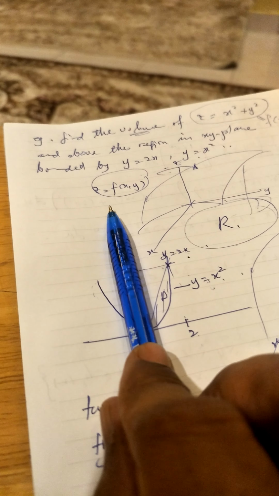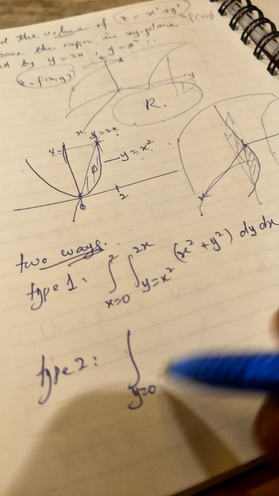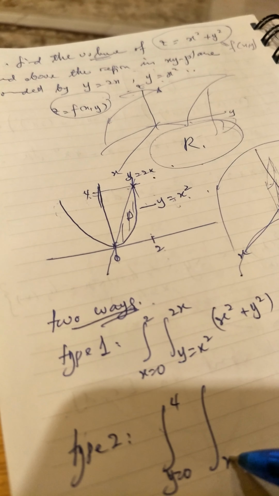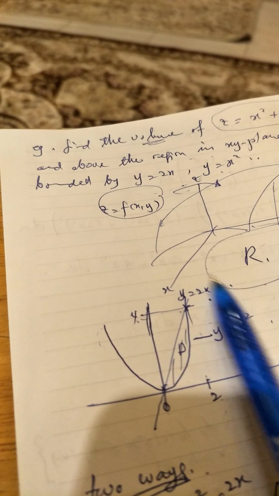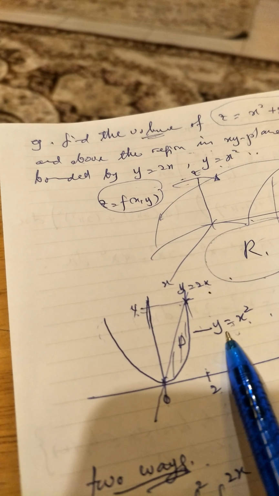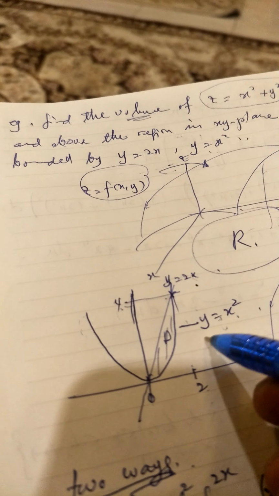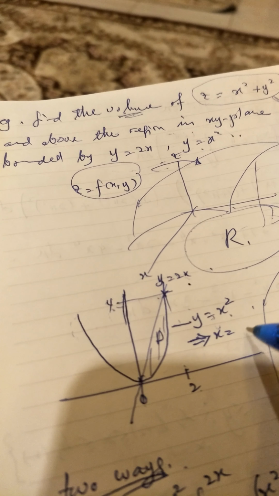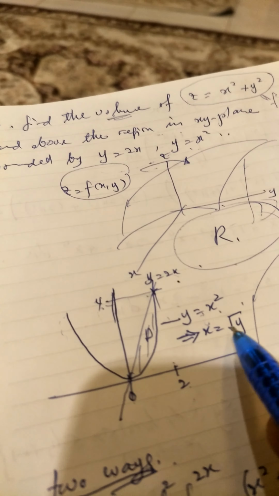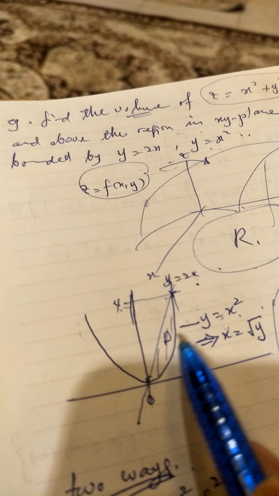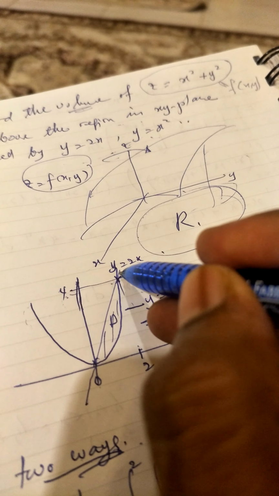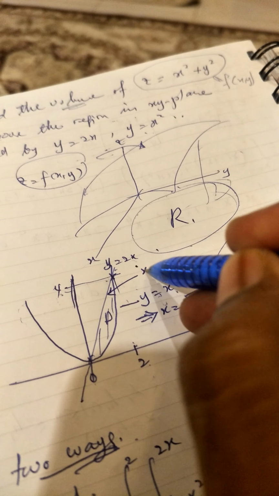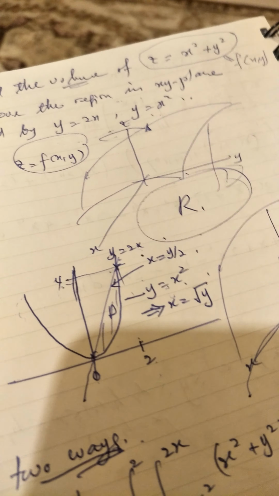So y from 0 to 4, and you need to write x as a function of y. So x equal to square root of y. Of course, we have plus minus, but minus is this side, plus is this side. So we consider the plus one. For the straight line, x is equal to y over 2.